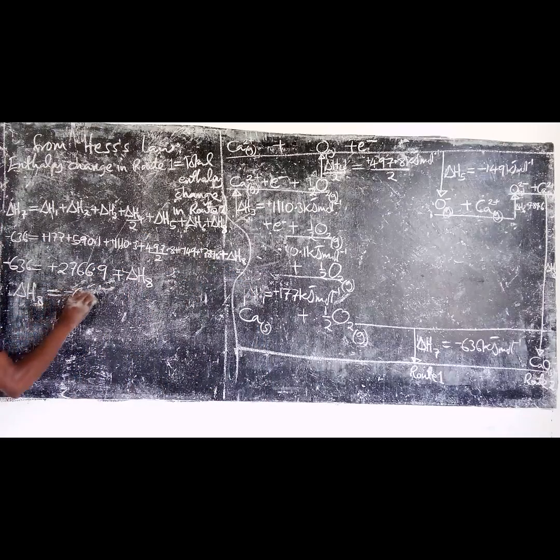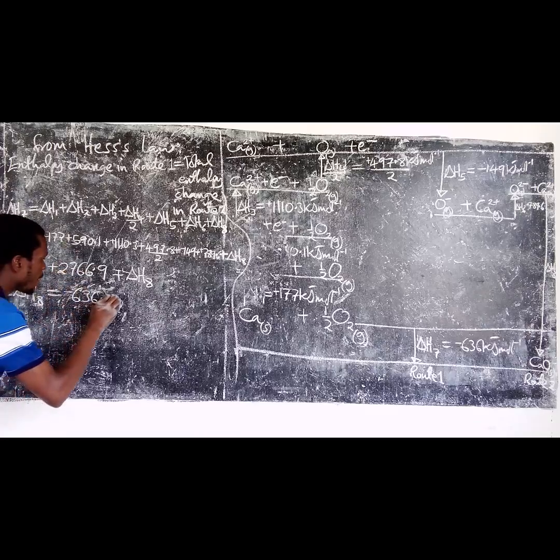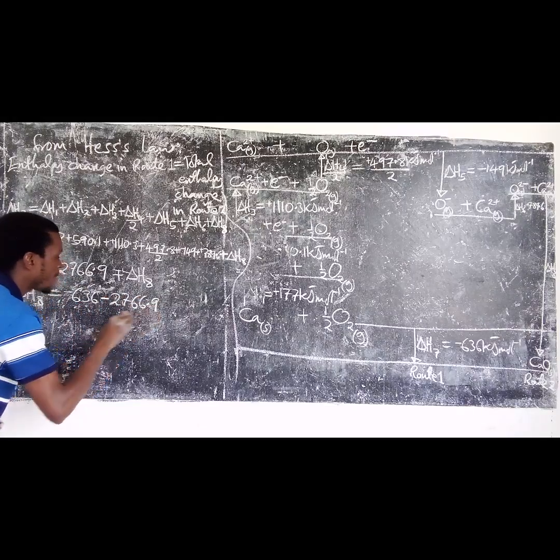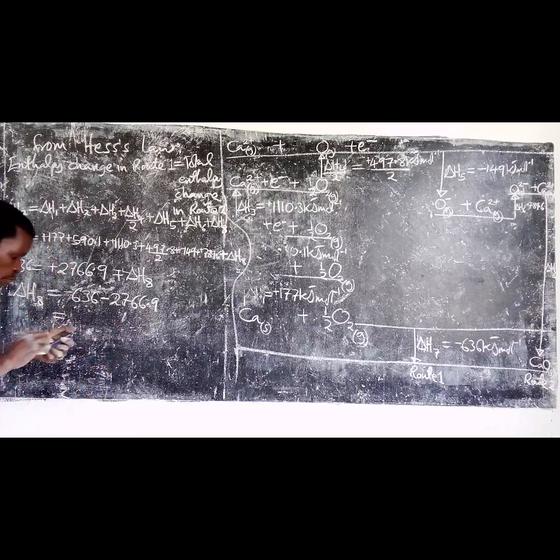This is equal to negative 636 minus 2766.9, since plus will change to negative after crossing the equal sign.